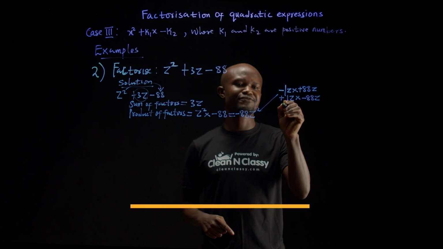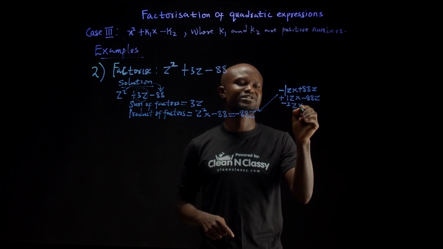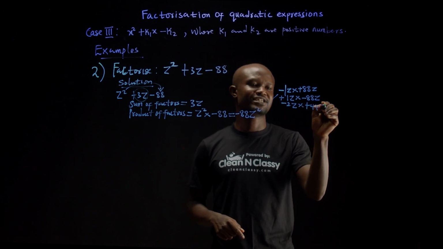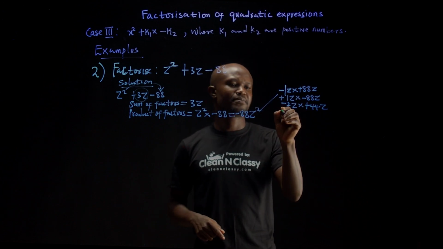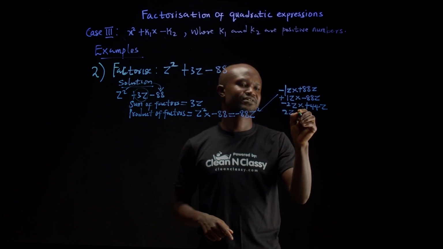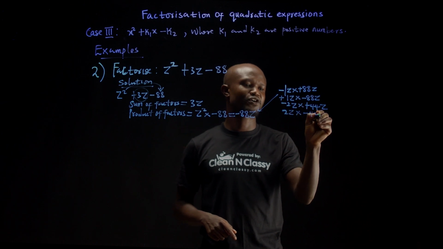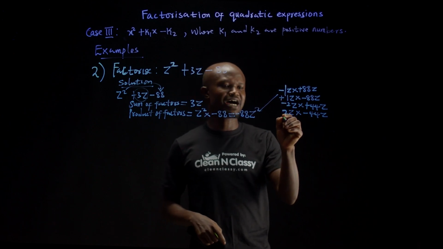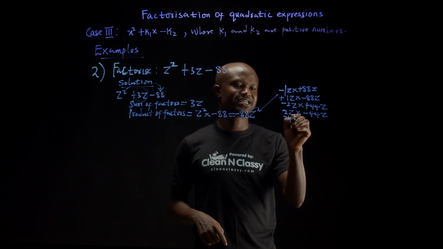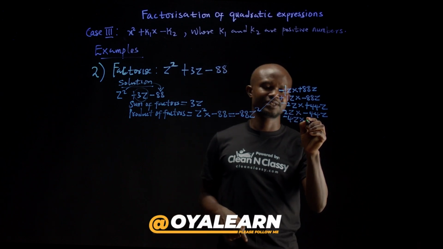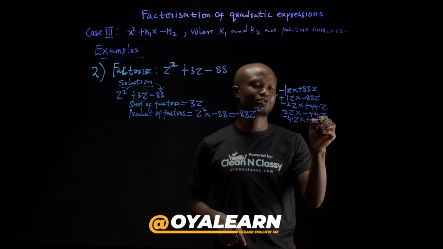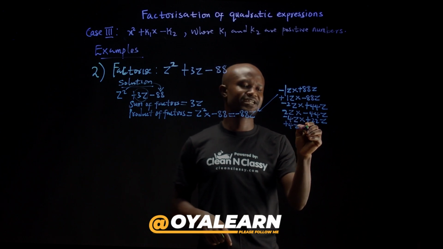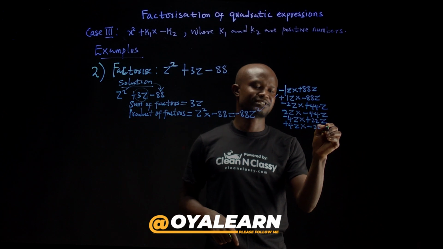Now, we can have minus 2z times positive 44z. We can have 2z times negative 44z. We can also have minus 4z times positive 22z. We can have positive 4z times negative 22z.